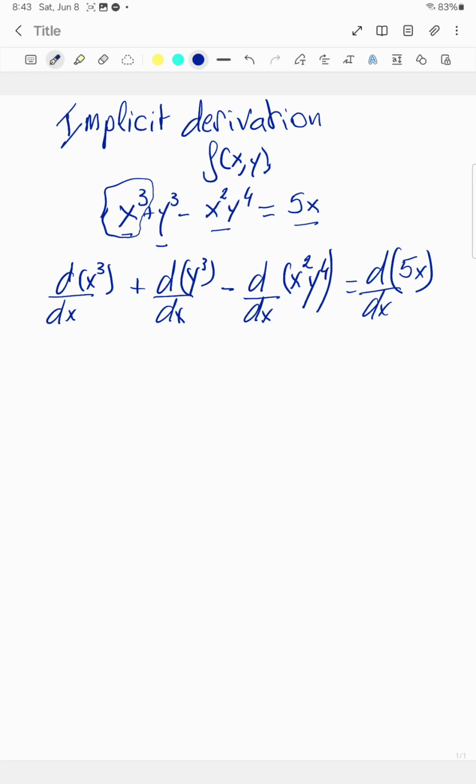So the first one, it's easy. Because I'm deriving according to x and I have x, it becomes 3x squared. The second one, I'm deriving according to x, but I have y. So let's write it dy to the power of 3 divided by dx.